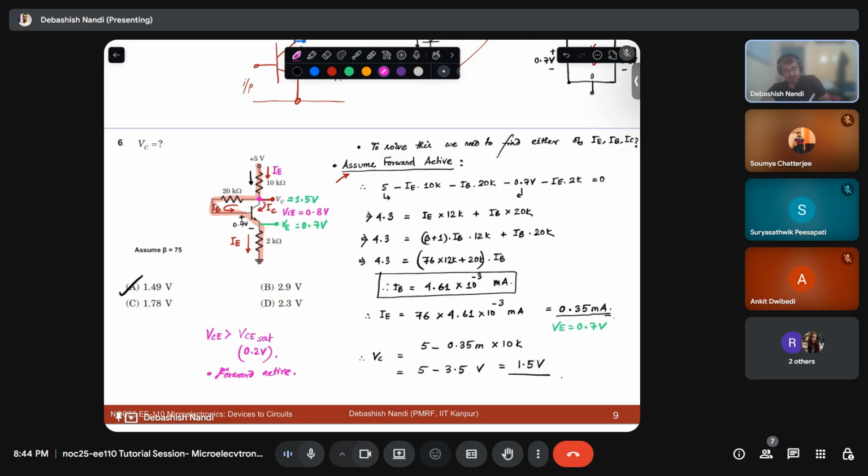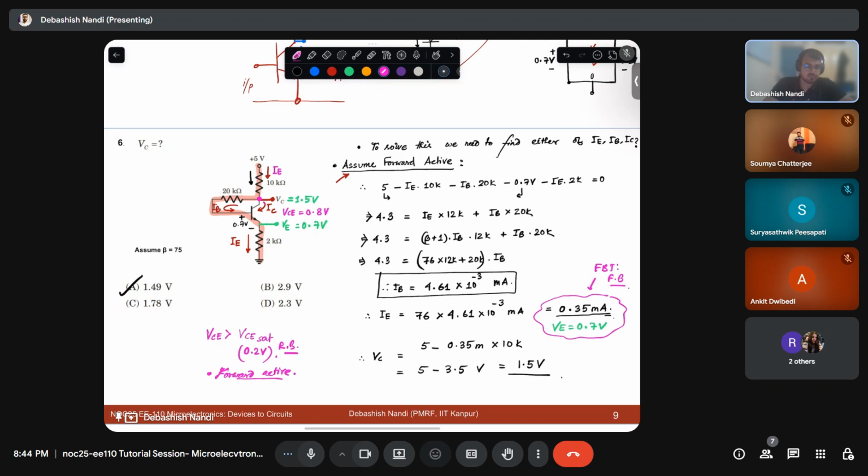And for the EBJ, I know that 0.3 milliampere is a very high current, so that will make my EBJ forward biased. So this is forward bias, this is reverse bias. Both of them combined give me the mode of operation in the circuit.